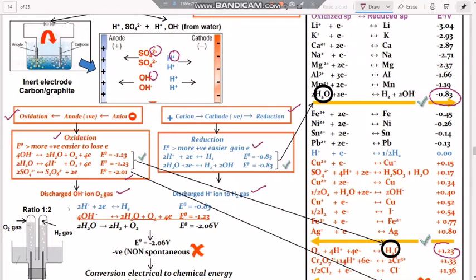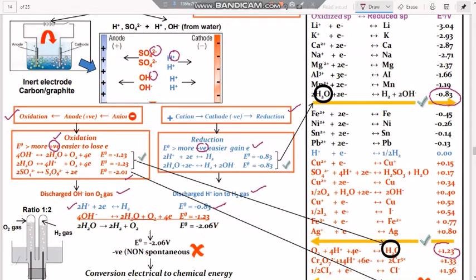So in the first reaction, we have hydrogen gas formation, with an E naught value of minus 0.83, and for the OH minus ion reaction, minus 1.23. The more positive E naught value is easier to lose electrons. Observe carefully here: the positive value is less negative, more positive. That is the meaning of it.